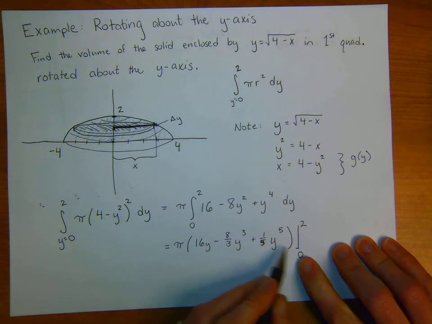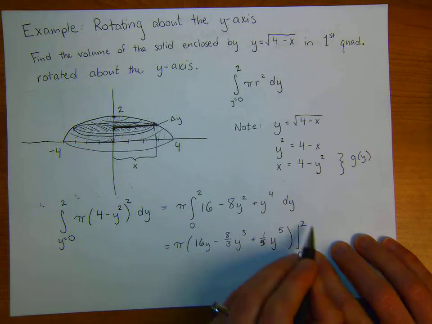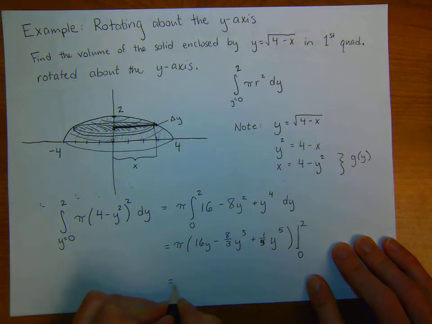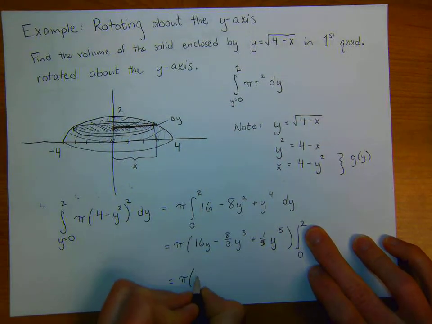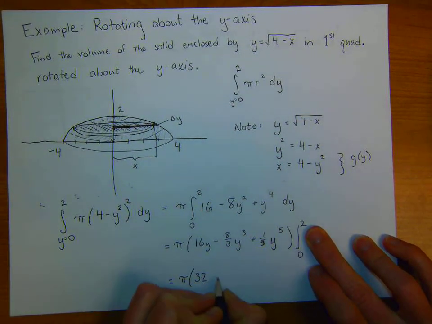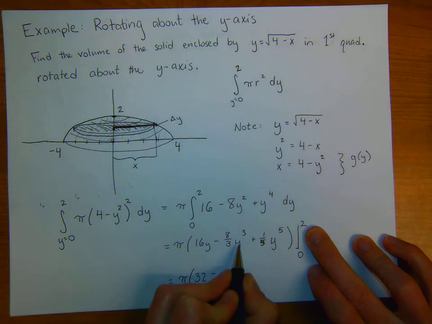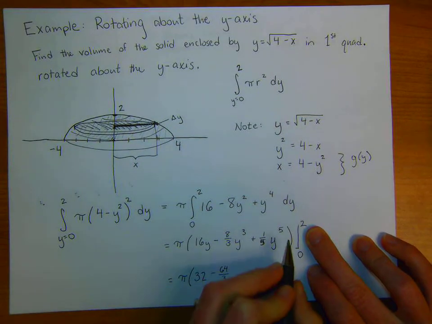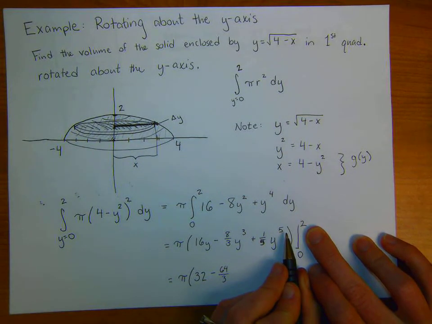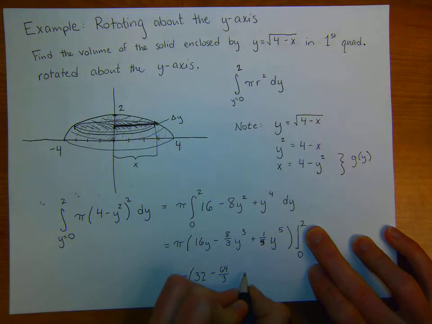Notice that plugging in the lower bound just yields zeros. When I plug in the upper bound, I get pi times 16 times 2 is 32, minus 2 to the 3rd is 8 times 8 is 64 thirds, plus 2 to the 5th is 32 times 32 fifths.